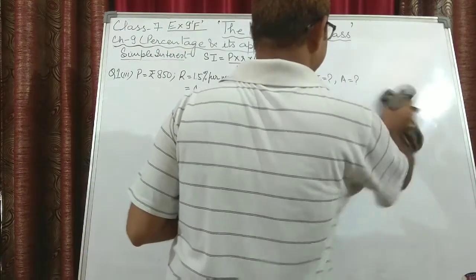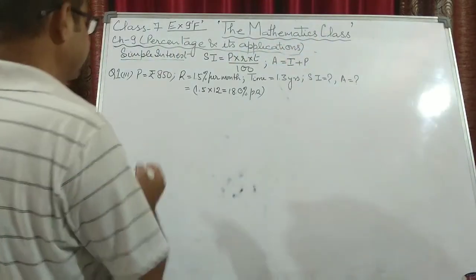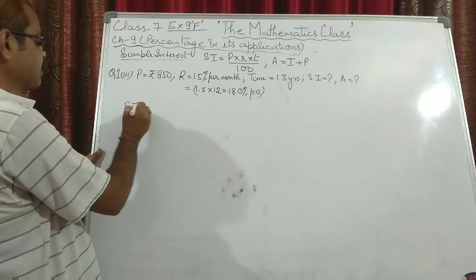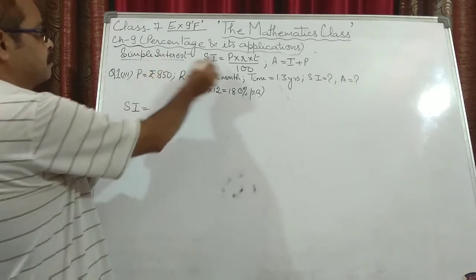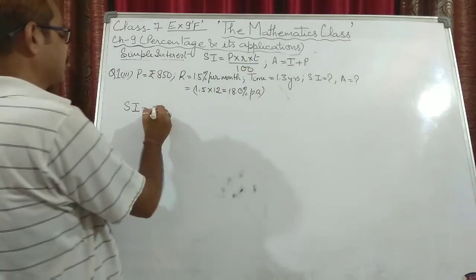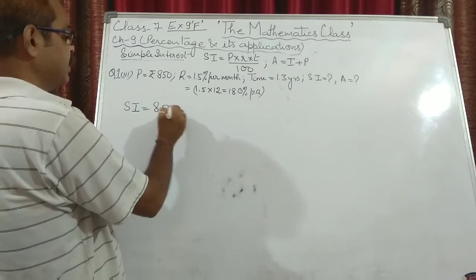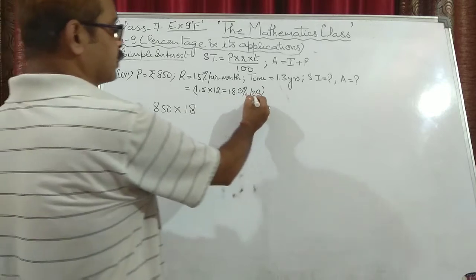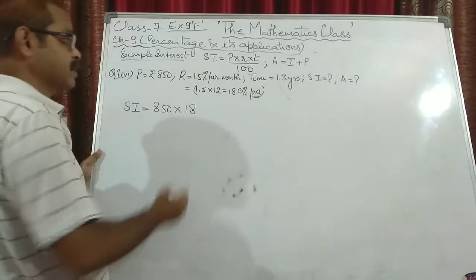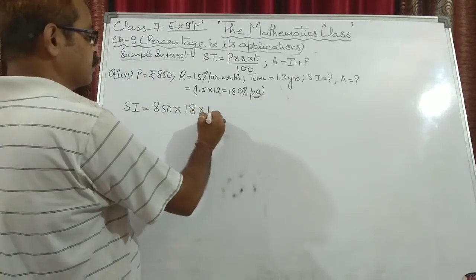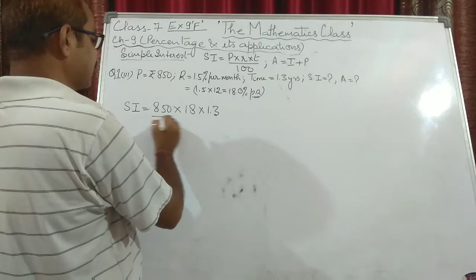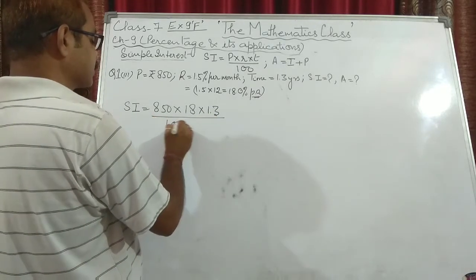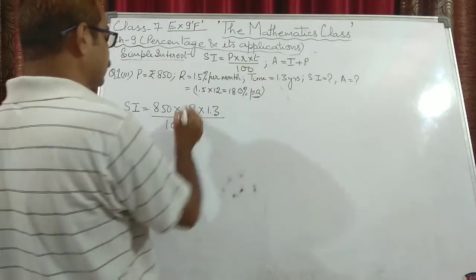Now we need to find the value of interest. We know that interest is equal to PRT upon 100. P is 850, rate we calculated as 18%, because rate is always calculated on a per annum basis, and time is 1.3, upon 100. This is the formula, PRT upon 100.